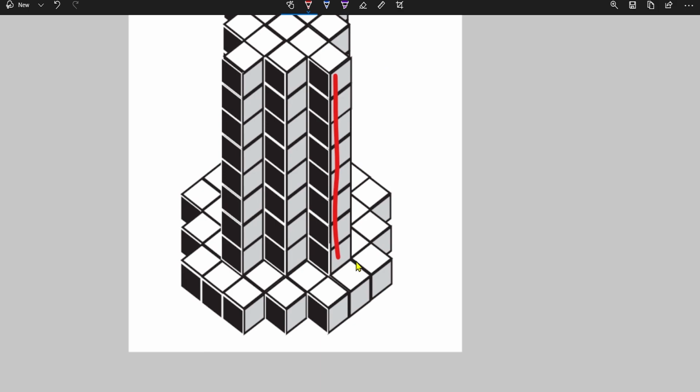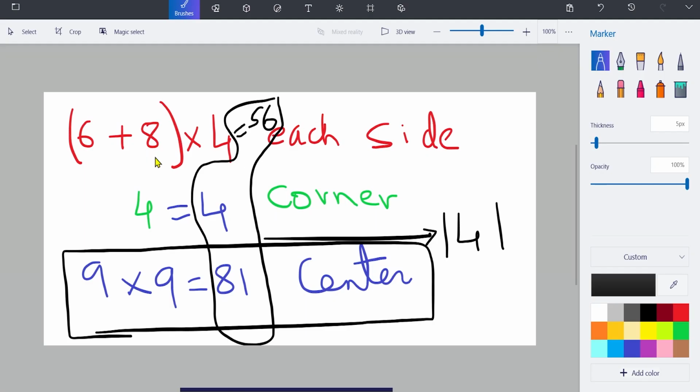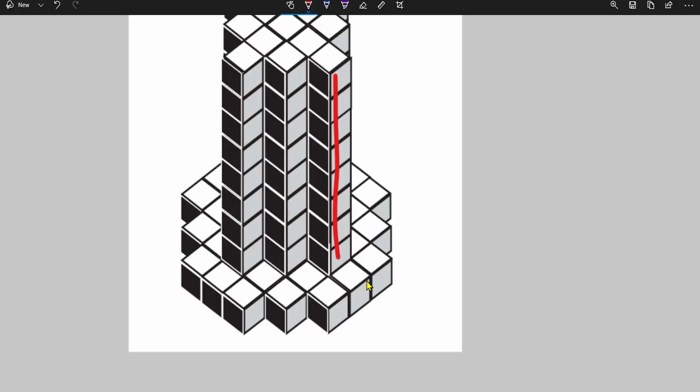Okay, so that's exactly what we are adding over here, which is the 8 in the column, plus the base, which is 6. That gives me this whole segment right here, plus the column. This whole thing is being repeated 4 times. If you see here, this is the 6 and the 8. Here, this is the 6 and the 8.